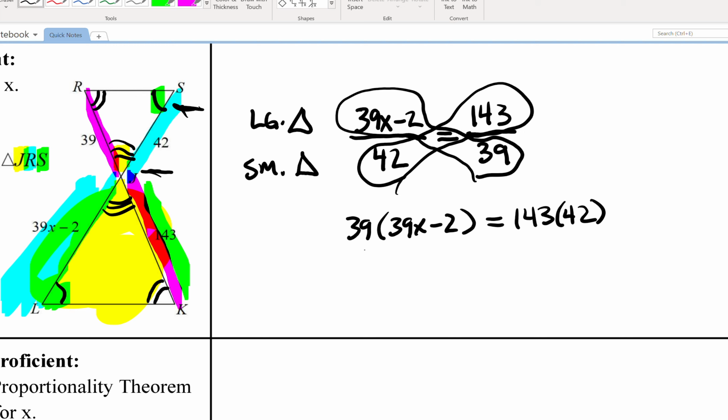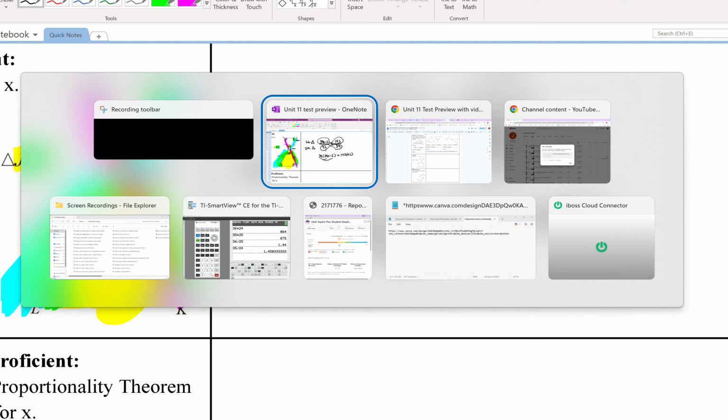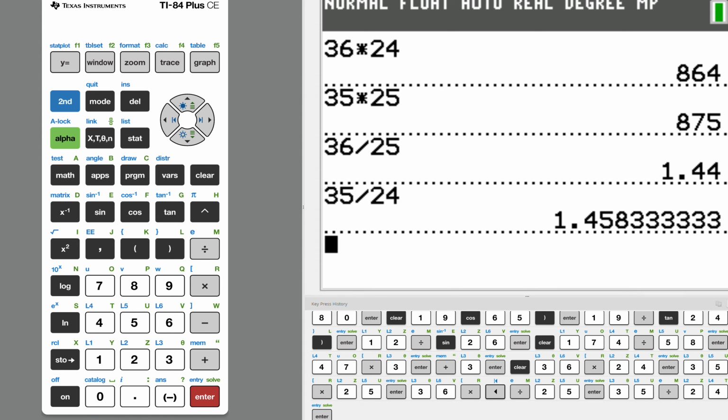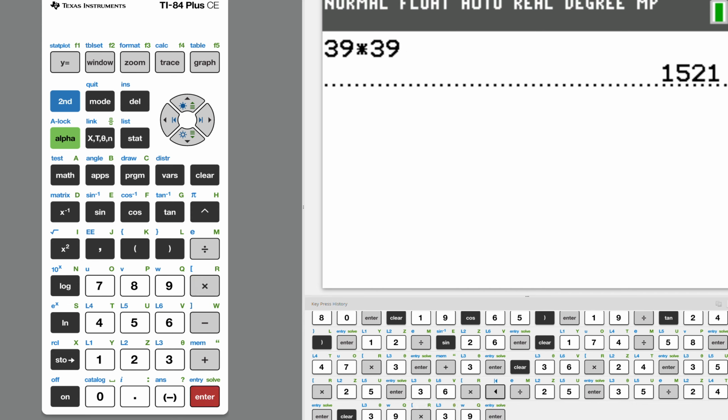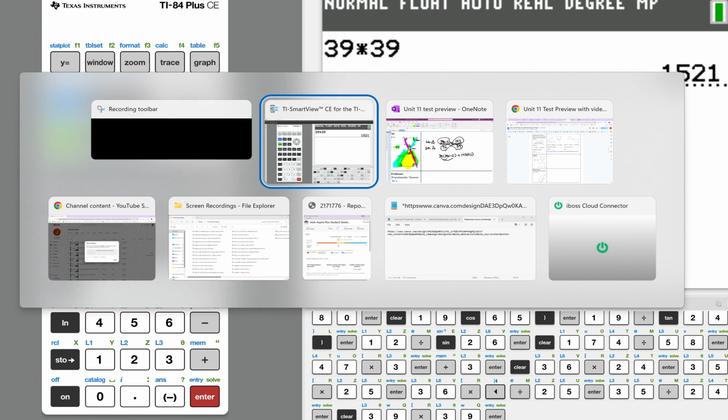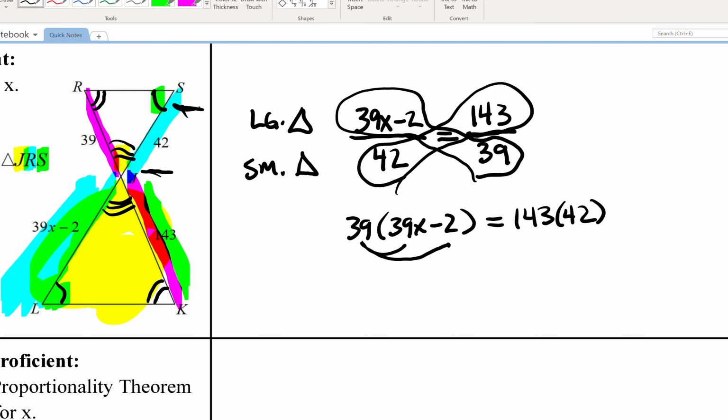I want to get rid of the parentheses, so multiply here, and multiply here. 39 times 39 is 1,521. So this is 1,521x minus, and then 2 times 39 would be 78.